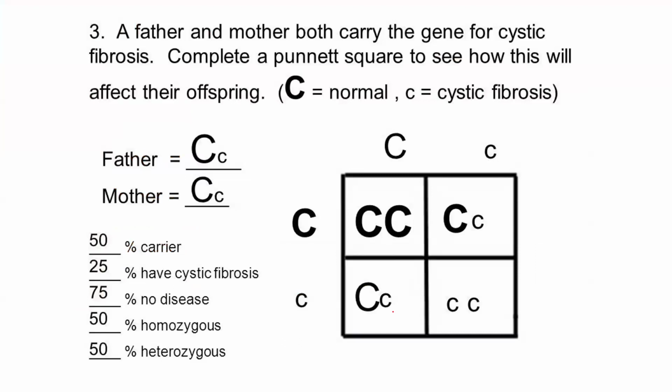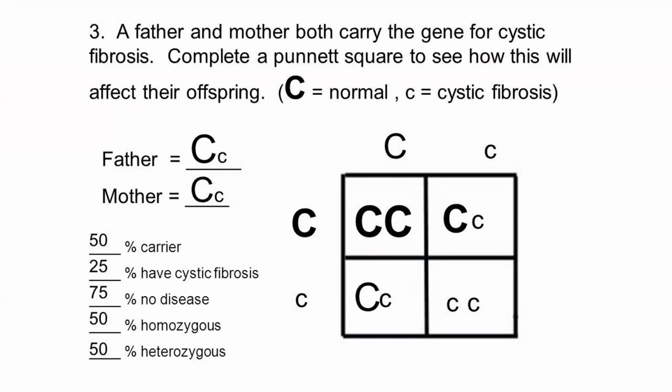Right. Now, the Punnett square. Just to again talk about percentages a little bit. What we've got is a father and mother who both carry a gene for cystic fibrosis. Now we'll talk about cystic fibrosis again in a little bit, because it's one of those genes that comes up. This is then the Punnett square for it.